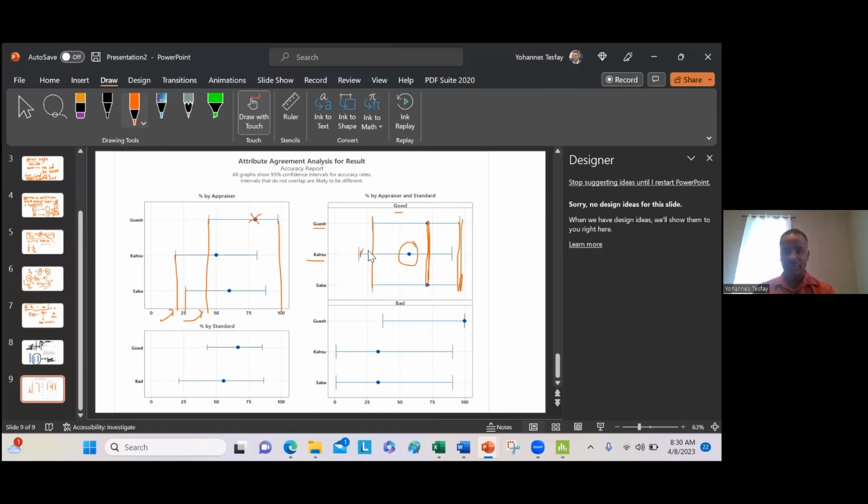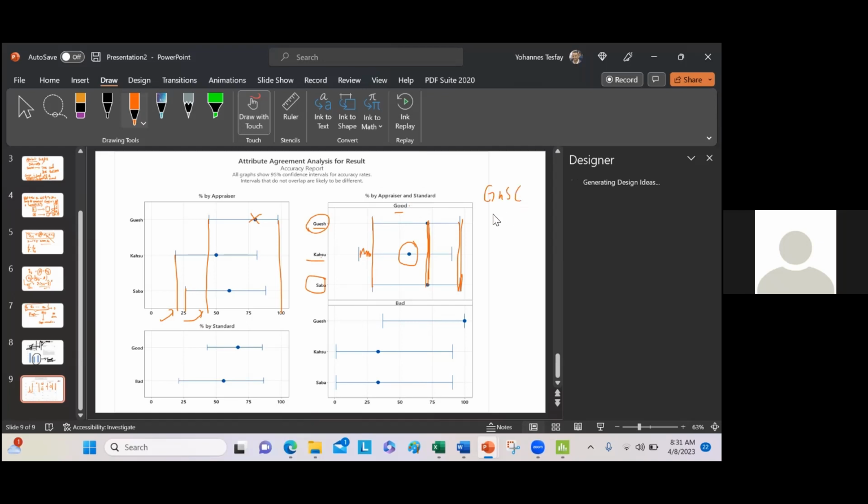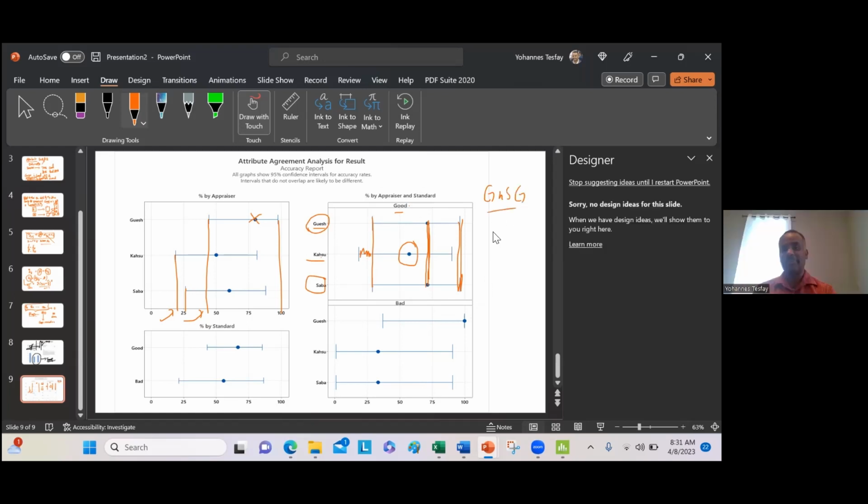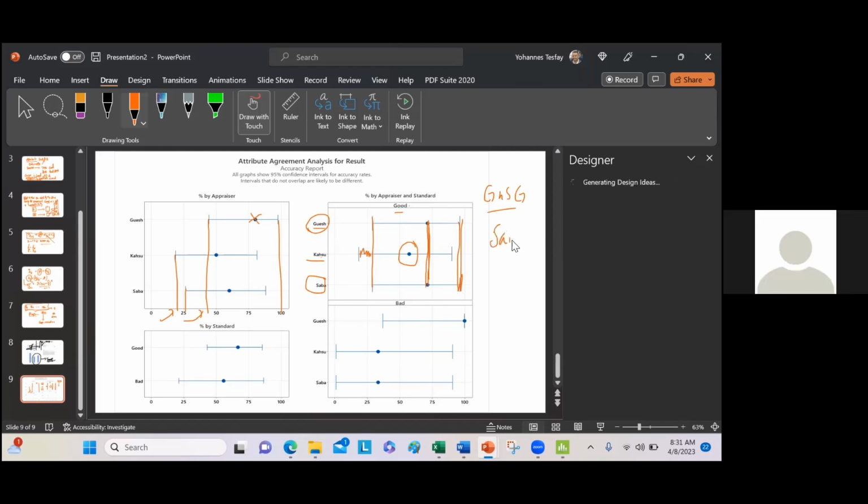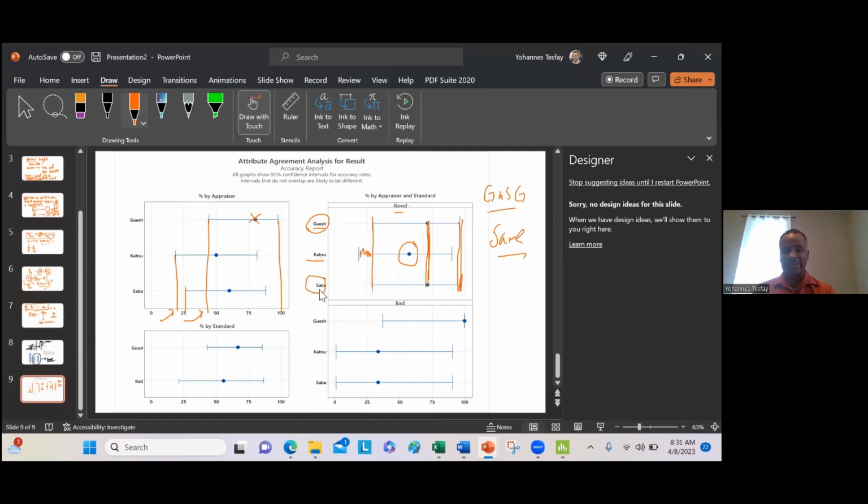This is the margin that Kasu made good parts as bad parts. So Saba and GUIsh, in terms of ability of detecting good parts as good, are almost the same. That means the sensitivity of Saba and GUIsh is the same.